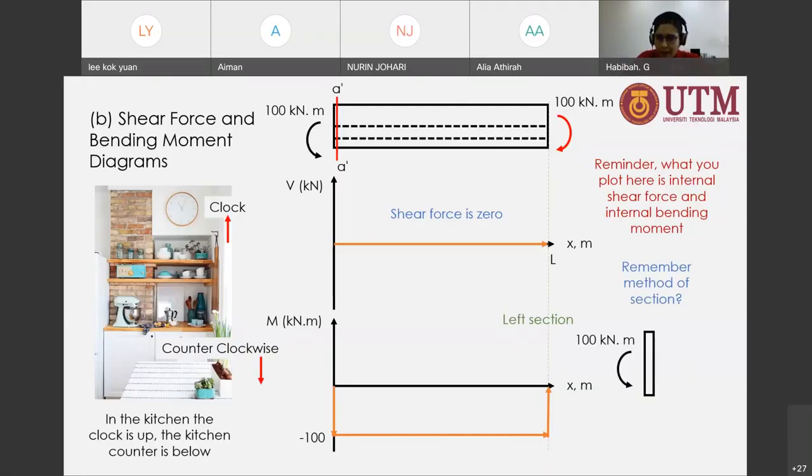So for external, counterclockwise is positive. Okay, if we sum moment at this point AA, if we have this counterclockwise, the internal bending moment will try to prevent that from rotating. So you will have MAA here going clockwise. Is this all clear to everyone?